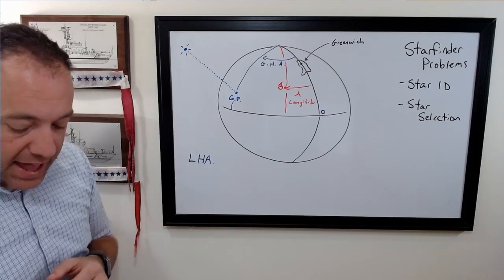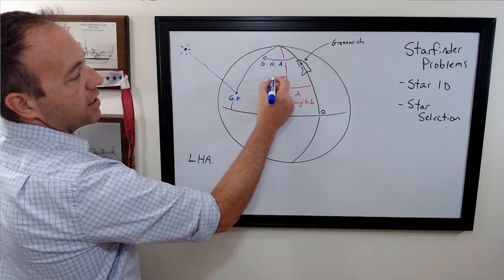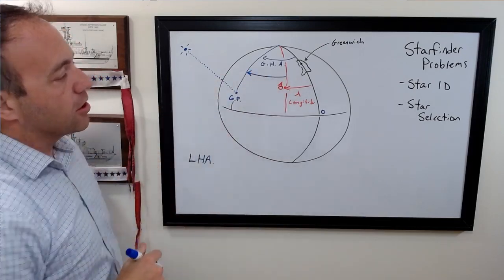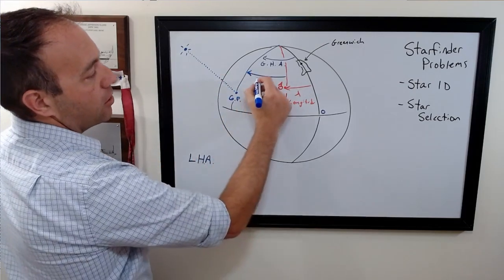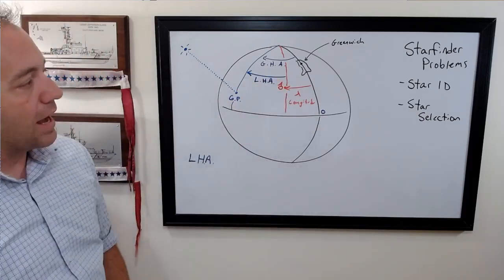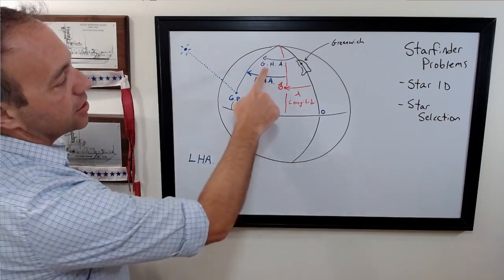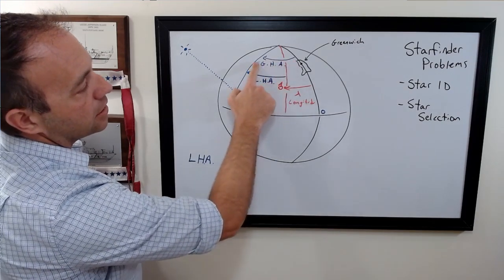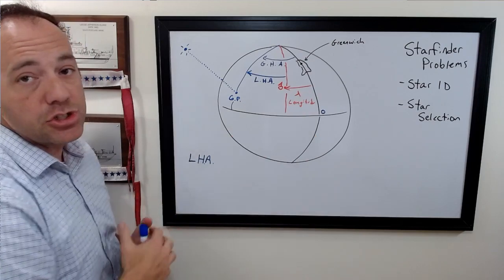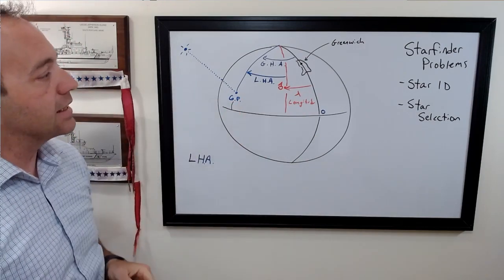There's one last angle to talk about, though, and that's the difference here between us and the star's longitude. That's going to be called local hour angle. Local hour angle. So these are related in that Greenwich hour angle minus my longitude is going to be equal to local hour angle, LHA.